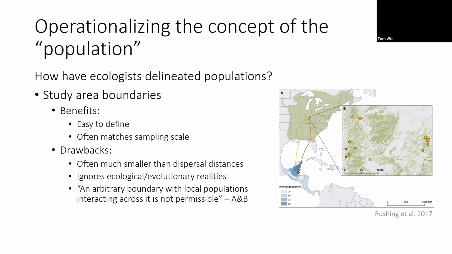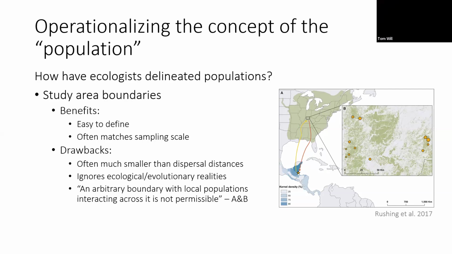We've all done this, right? This is one of my own papers where we were looking at wood thrush population dynamics, and we defined our populations just by study boundaries. Each of these circles is one of our populations, and you can see that those are totally arbitrary. Some of them are a little postage stamp of forest. Some of them are just study boundaries drawn within a larger patch of forest.